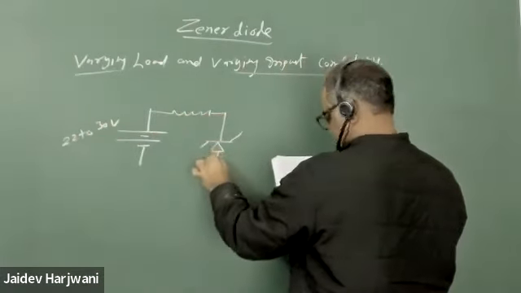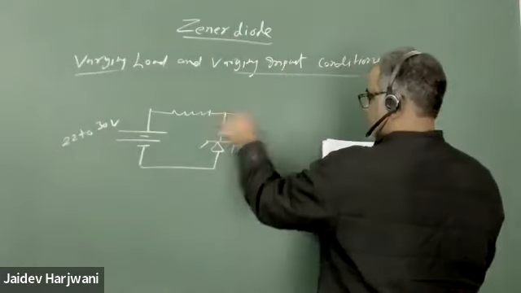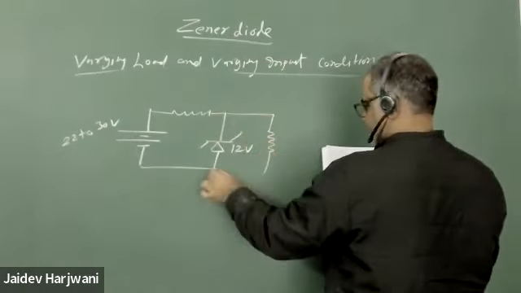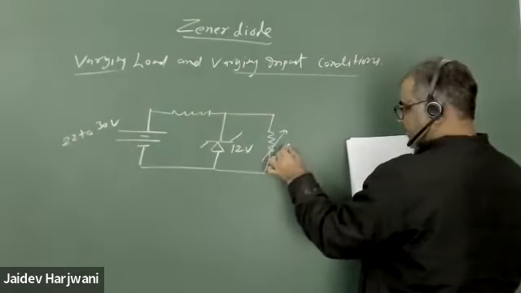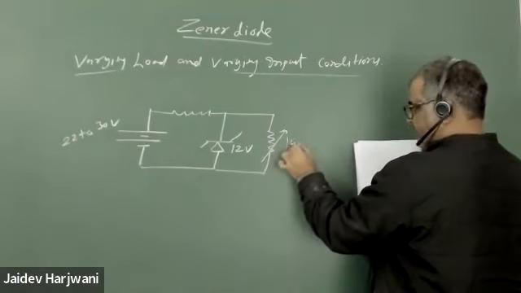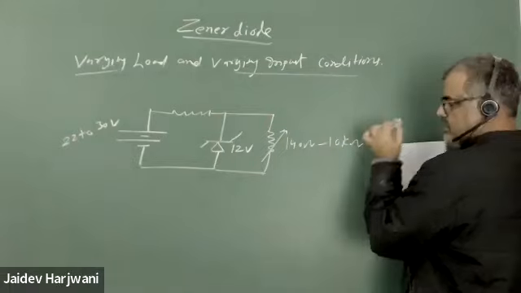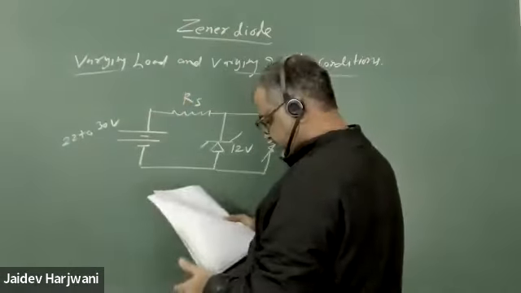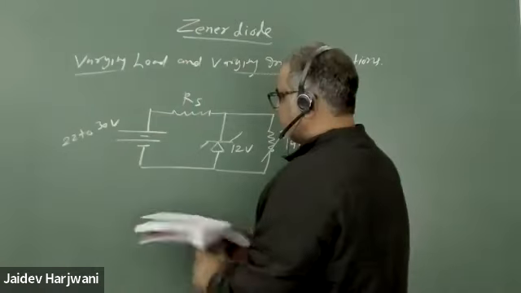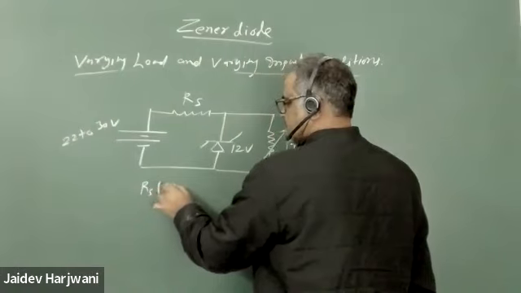This is your Zener diode, 12 volt. This time they gave you RL from 140 ohm to 10 kilo ohm, and they are asking what is the value of RS max. What is RS max for this case?